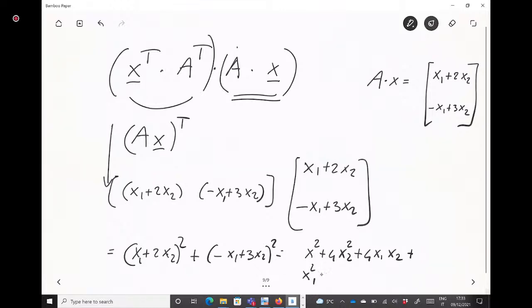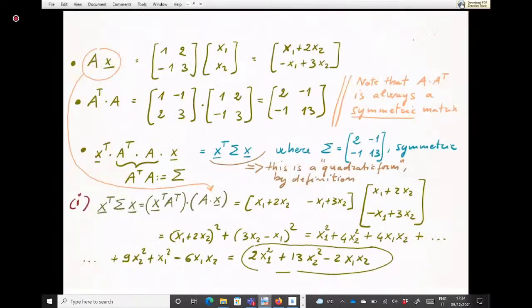This becomes minus 6 x1 x2, plus 9 x2 squared. Okay, so the result is just that you have to take the sum of the terms in x1 squared, in x1 x2 and in x2 squared, and you get this: 2 x1 squared plus 13 x2 squared minus 2 x1 x2.